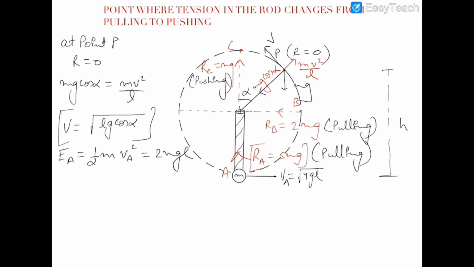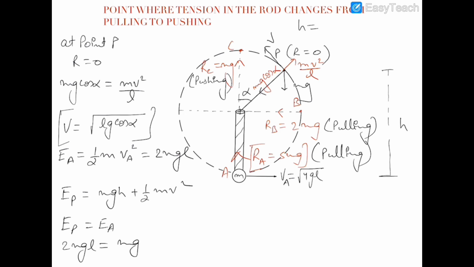Now the energy at point P will be mgh as well as half mv square. Energy at P will be equal to energy at A, and therefore 2 mgL will be equal to mgh plus half mv square. Now h will be equal to L plus L cos alpha. You can see in the figure.